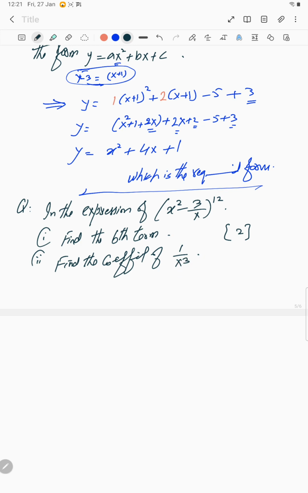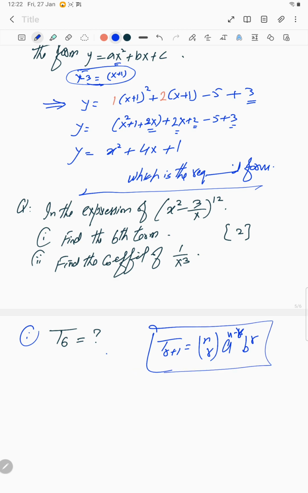Okay, let's start the question. For the sixth term of the expansion, we know the binomial expansion, and as per the rule, the (r plus 1)th term, T(r+1), is equal to nCr times a raised to the power n minus r and b raised to the power r. This was the rule for the indicated term.